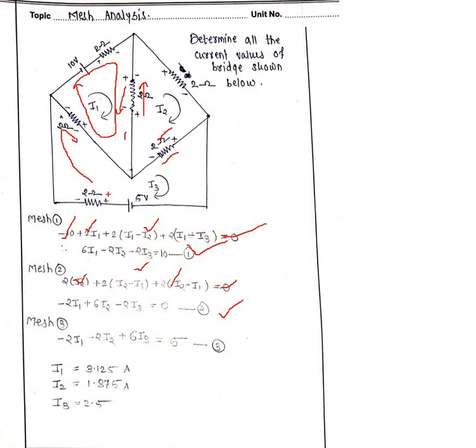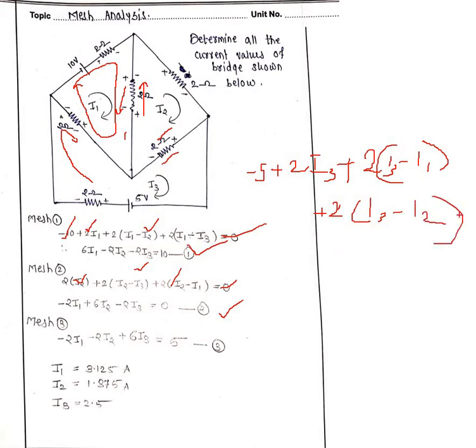So I write: entering into the minus, so minus 5, plus 2 into I3, plus 2 into I3 minus I1, since this is opposite, then plus 2 into I3 minus I2, since this I2 is opposite. Then simplify, it is equal to 0.